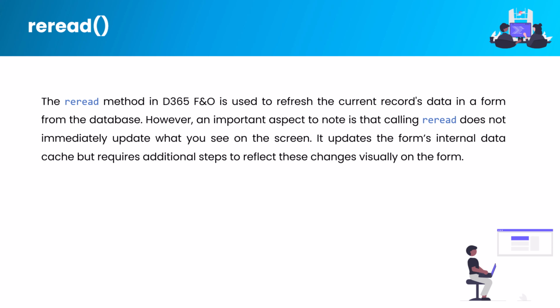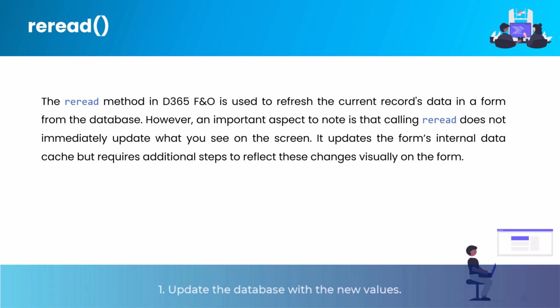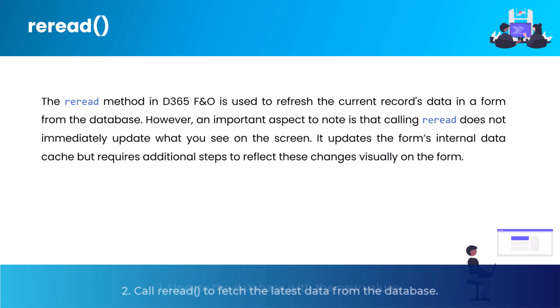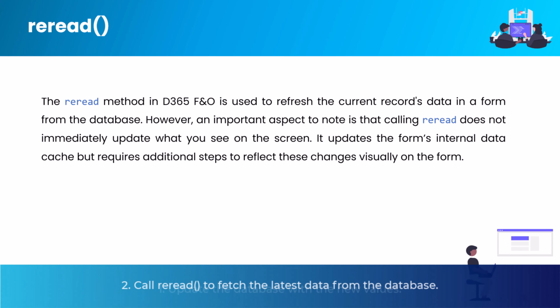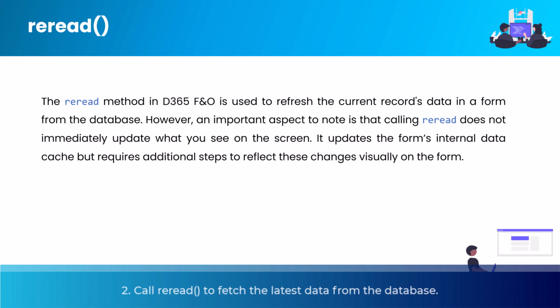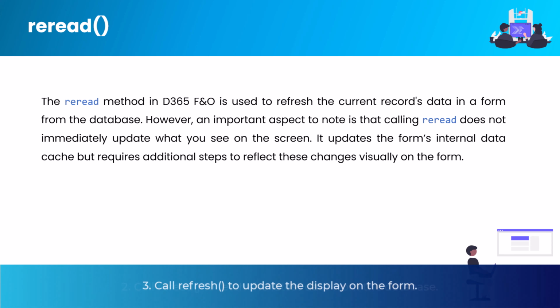To show the changes to the user, you need to follow three steps. First, update the database with the new value. Second, call reread to fetch the latest data from the database. Third, call refresh to update the display on the form itself.